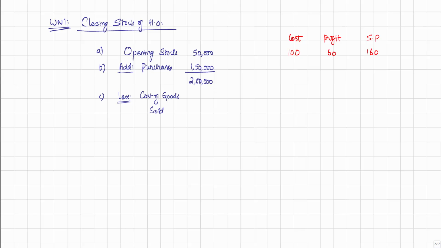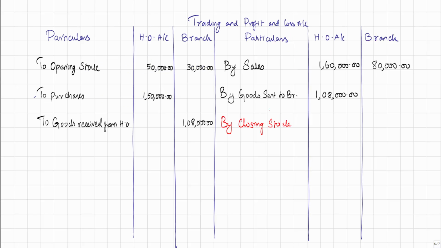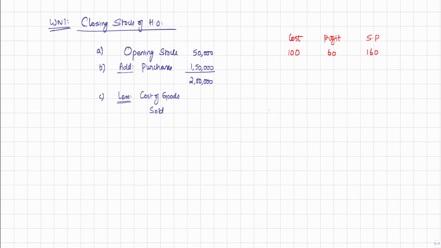Now we have sales made by head office which is 1,60,000. That 1,60,000 is equivalent to 160. We are concerned about what is the cost, not this profit. We are more concerned about the cost of goods sold.